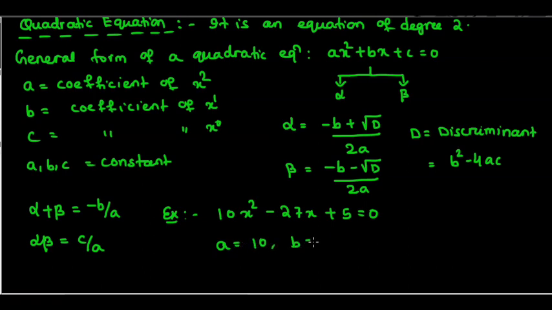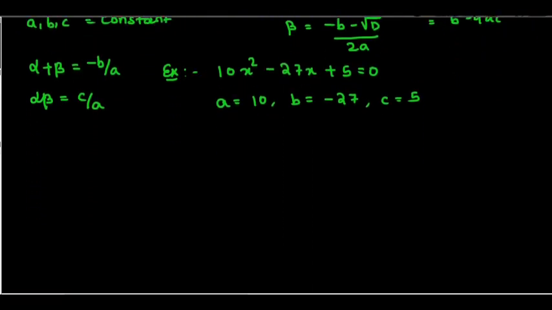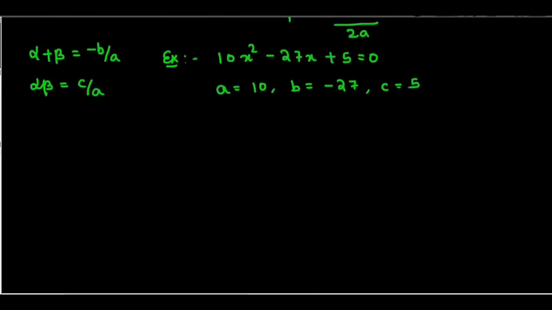B is the coefficient of x, which is minus 27, and c is the coefficient of x to the power 0, which is 5. So a equal to 10, b equal to minus 27, and c equal to 5. Now let me find the discriminant, or d, of this equation.